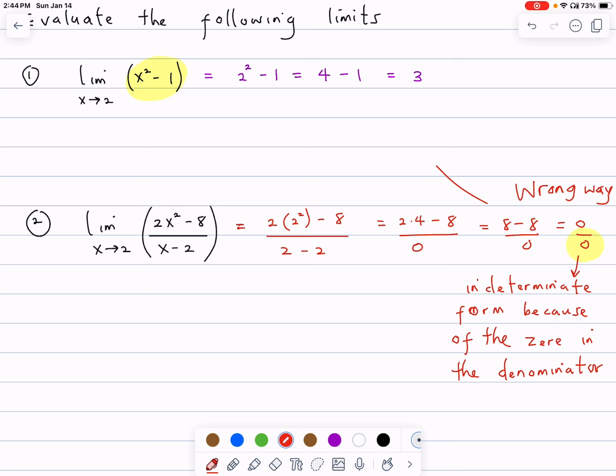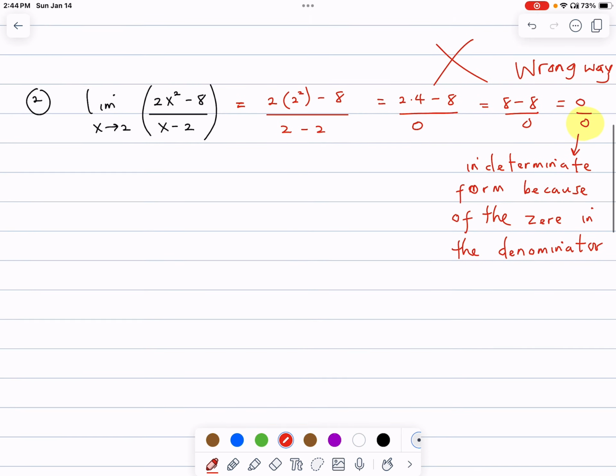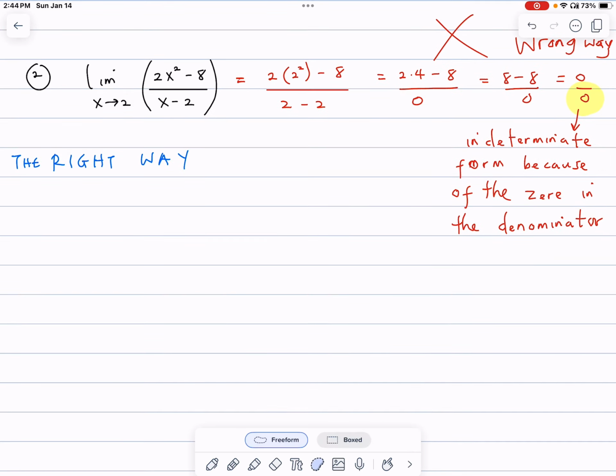So what's the correct way? What's the right way to evaluate this limit? So I'm going to write here, the right way. I'm going to copy that limit again, then paste it here.